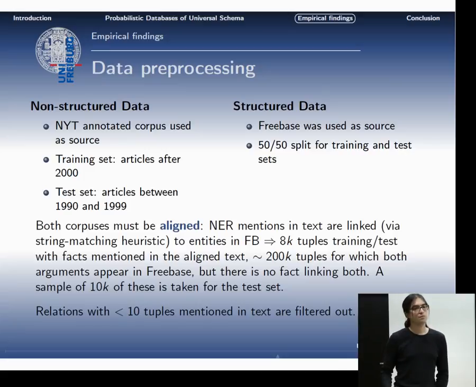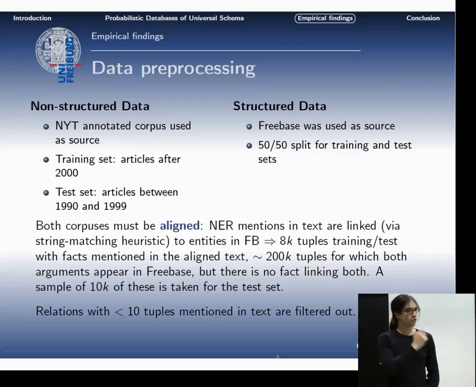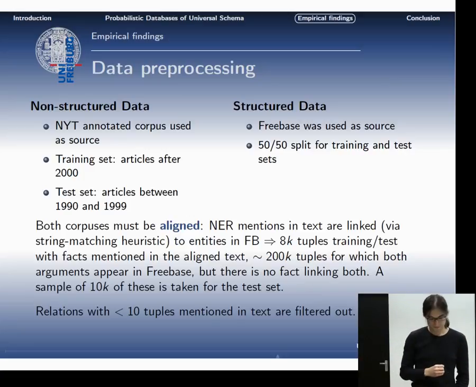There is also this pre-processing step, this alignment of both sources to be considered. They were simply linked by a string matching heuristic, and this results in about 8,000 tuples for each training and test sets, with corresponding facts in the non-structured data, as well as 200,000 tuples for which both arguments appear somewhere in Freebase, but for which there is no fact in Freebase that links both entities.